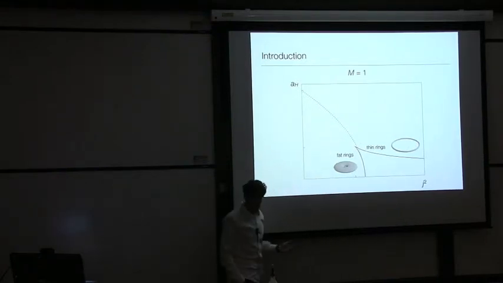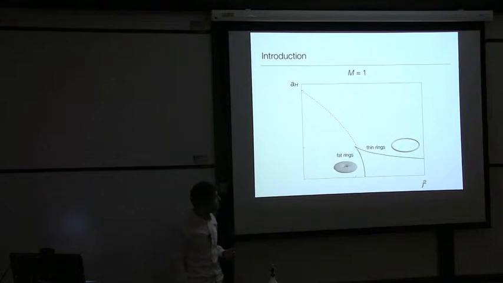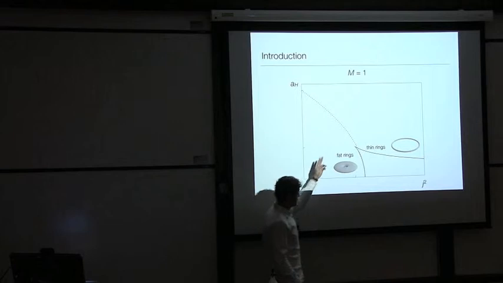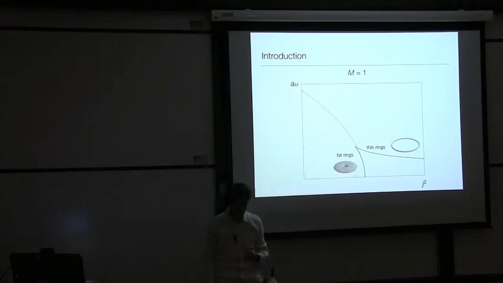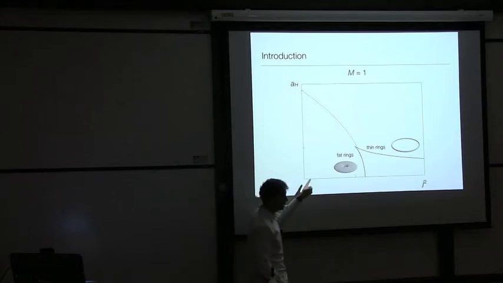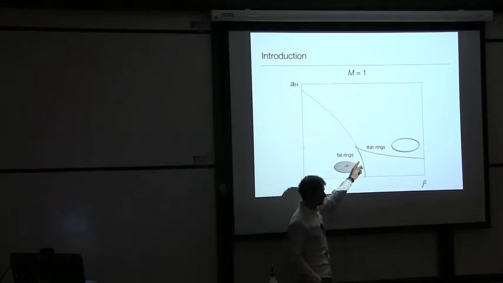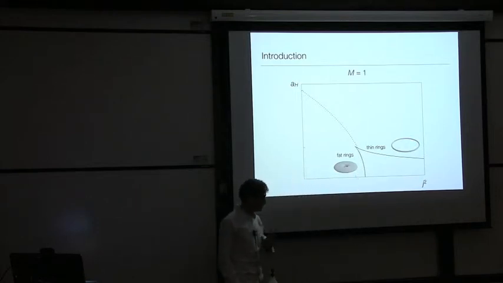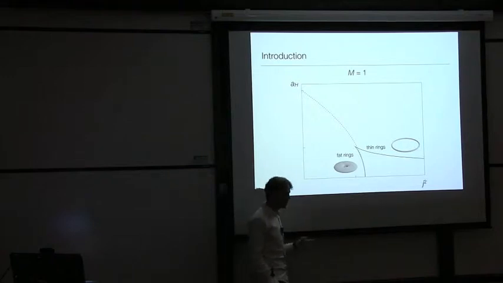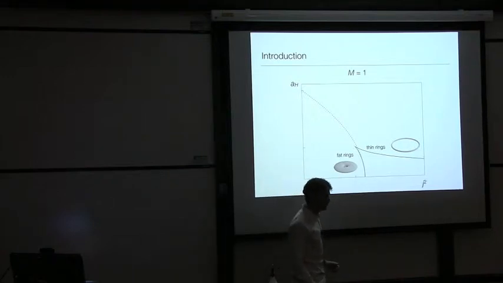And in fact, in 5 dimensions, for these spherical black holes, the analysis of gravitational perturbations which break the rotational symmetry hasn't found any instabilities. However, some Japanese group did a nonlinear evolution and they found an instability.